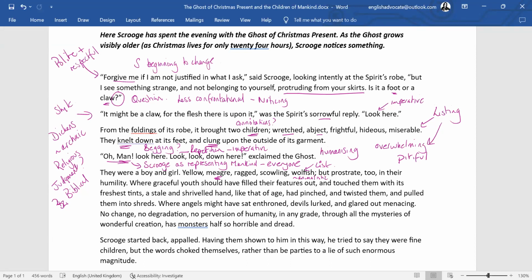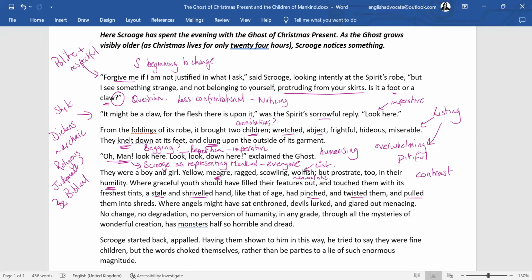And they're prostrate in their humility, but going back to this idea of begging again, they really need help. And then we have the contrast here repeatedly between what they are and what they should be. And we have language like pinched, twisted, pulled into shreds, stale, shriveled.